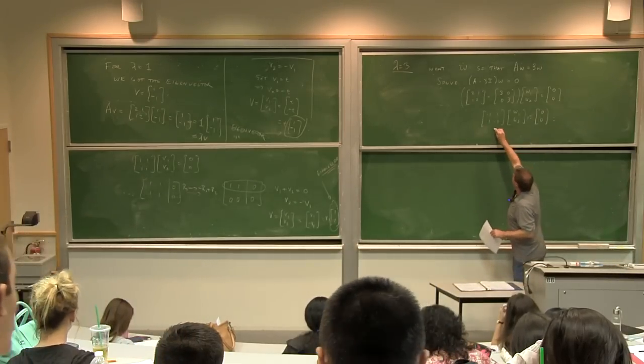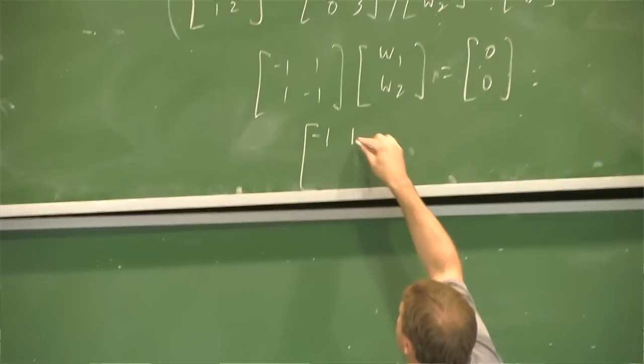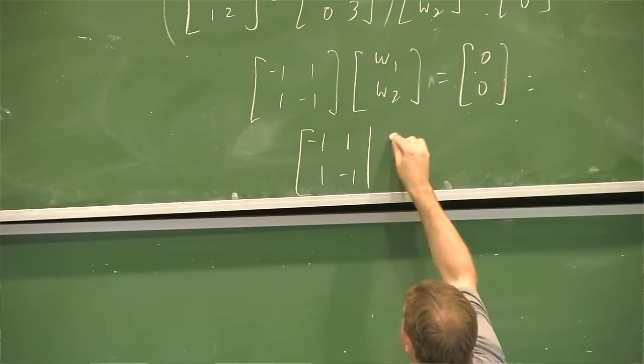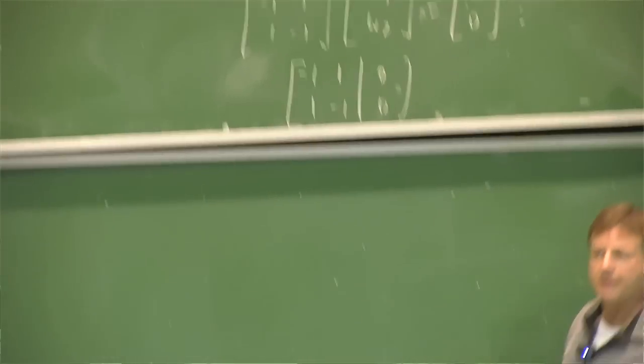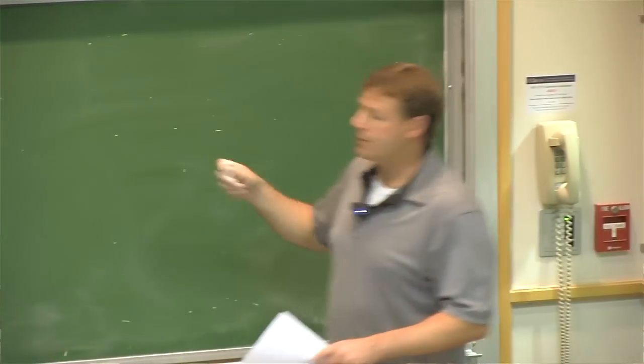So right from this, I get [-1, 1 | 0; 1, -1 | 0]. That's my augmented matrix, and I'll reduce that.